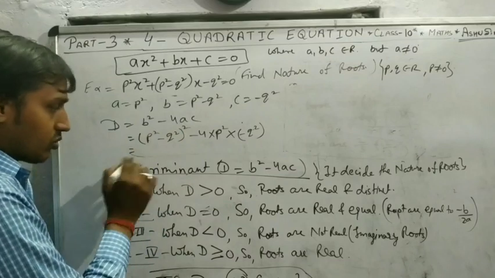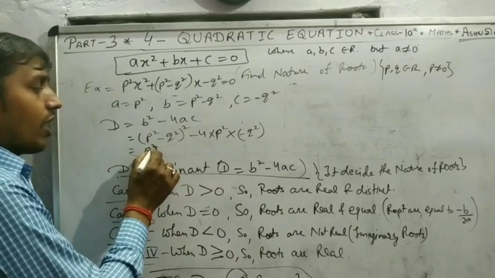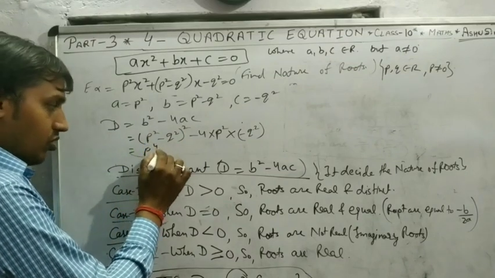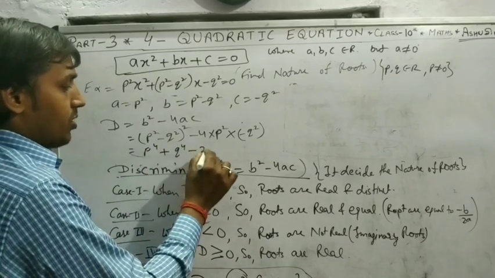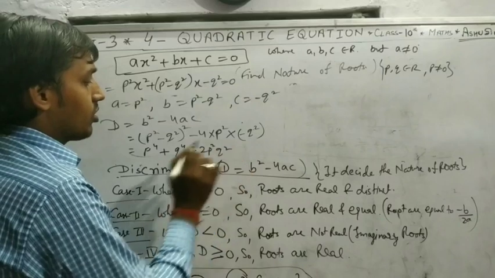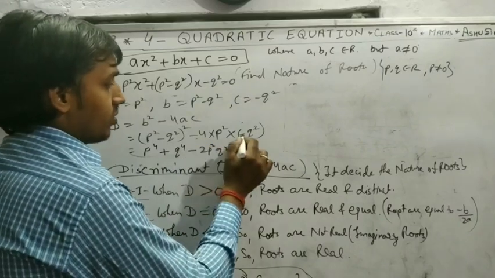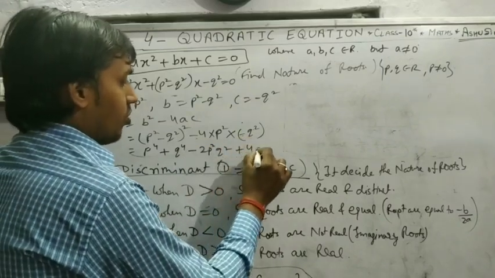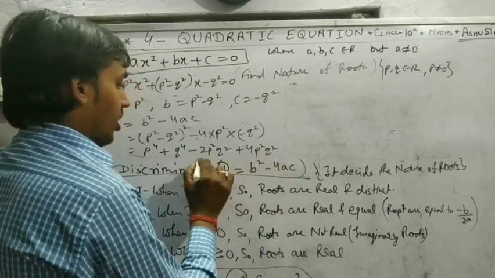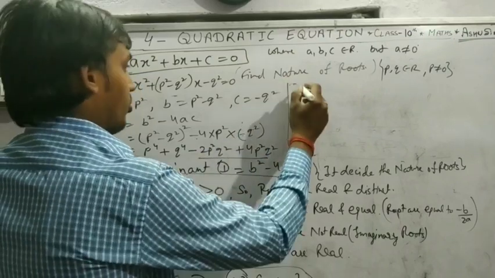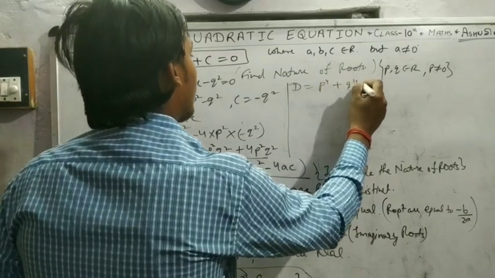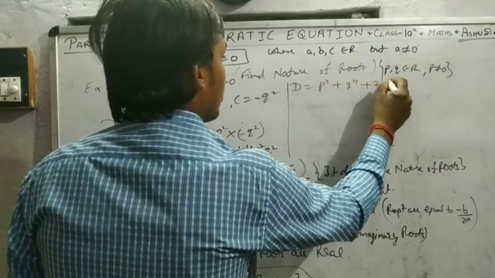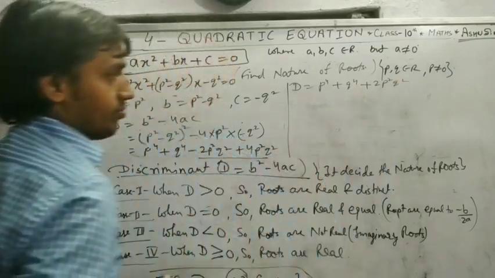Using a minus b whole square, a square plus b square minus 2ab, we get 2p square q square plus 4p square q square. It can be solved. So you can write D is equal to p to the power 4 plus q to the power 4 plus 2p square q square.